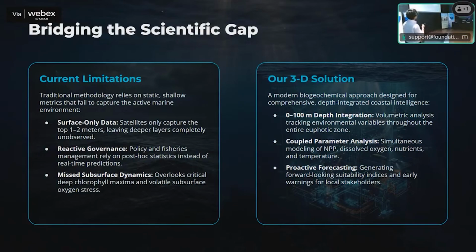Along with this, I tried to find ways in which we can go deep into the ocean, not just the surface. For this modeling we have taken a depth of 100 meters, which tells a lot more than the surface.